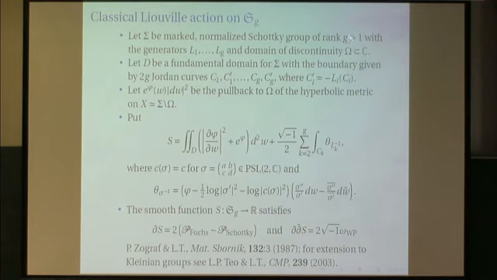Then omega is the domain of discontinuity, the whole complex plane minus the limit set, and the corresponding quotient is a compact Riemann surface X. And conversely, that's the Schottky theorem, which is called the classical retrosection theorem: every compact Riemann surface can be represented in such a way for some sigma and omega.